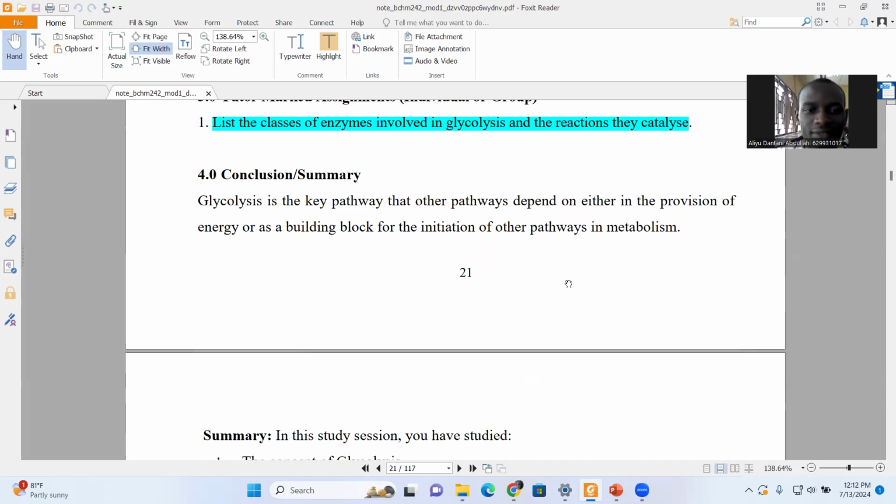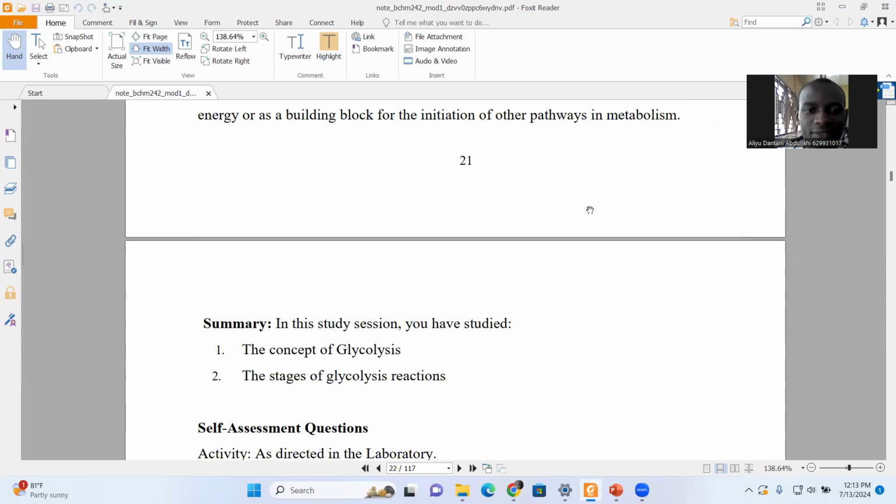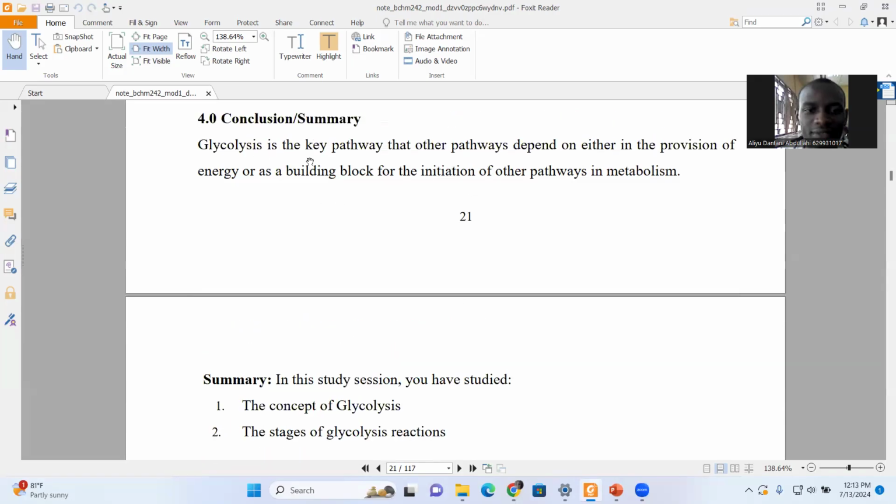All right. And then you can read the conclusion. Glycolysis is the key pathway that other pathways depend on, either in the provision of energy or as a building block for the initiation of other pathways in metabolism. Okay. Let's read this again. Glycolysis is the key pathway that other pathways depend on. So this pathway is like a central pathway in metabolism.